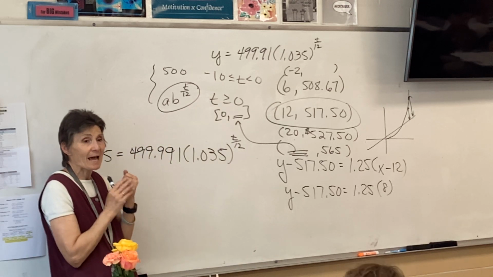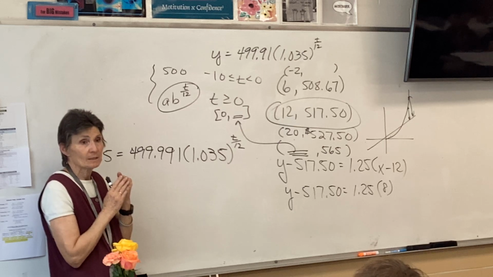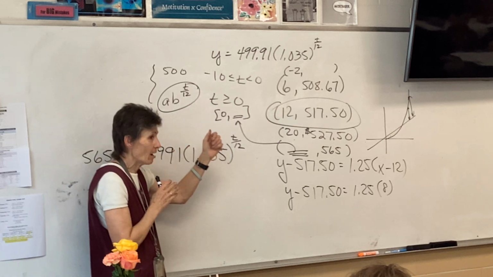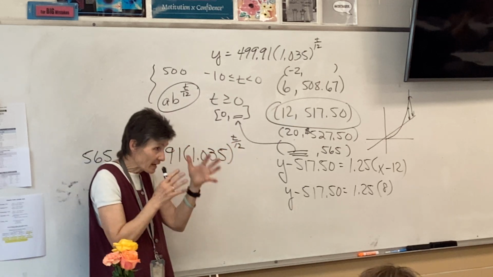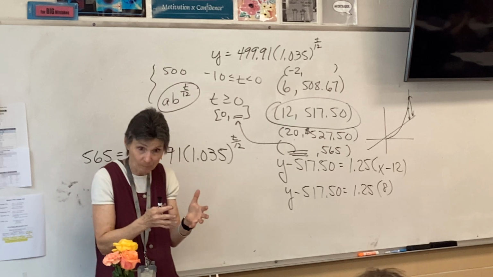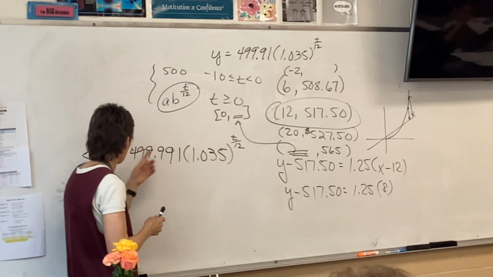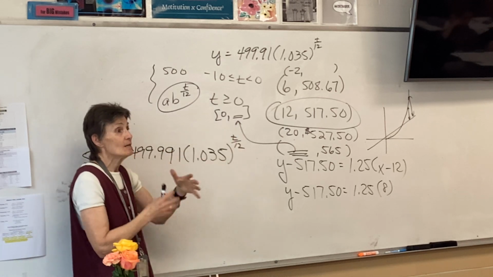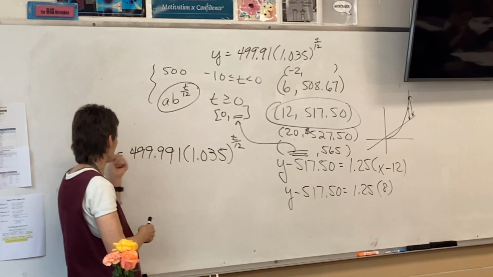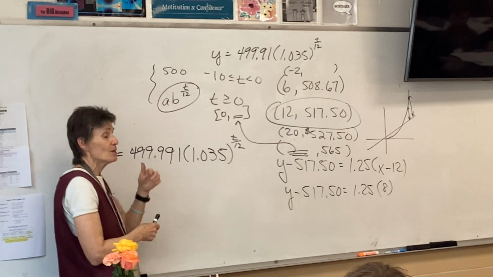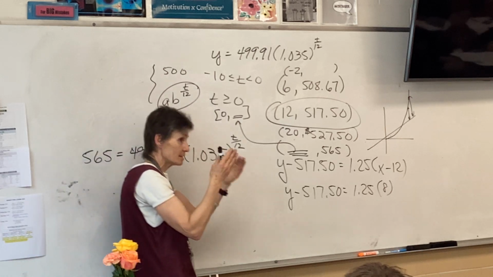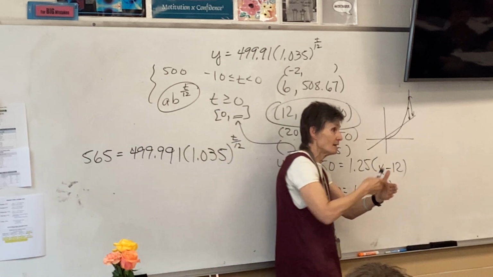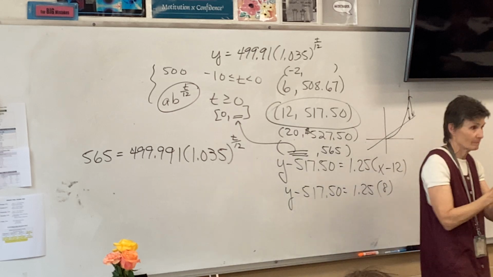How does that impact the domain? Closing the account effectively ends the problem, right? So we know the ending Y, we have found our ending X. So by closing the account at $565, you have stopped time at 42 point whatever.